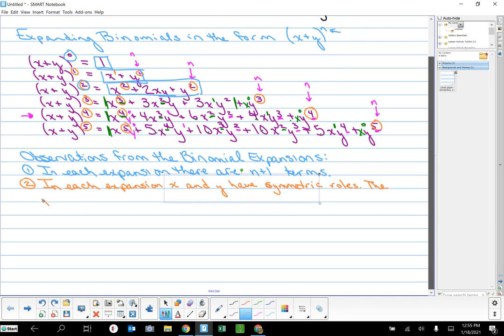The powers on x decrease by 1. I mean, you could get even more specific and say begin with n and decrease by 1 as the powers on y increase by 1. And again, you could say begin at 0 and increase by 1. Okay.